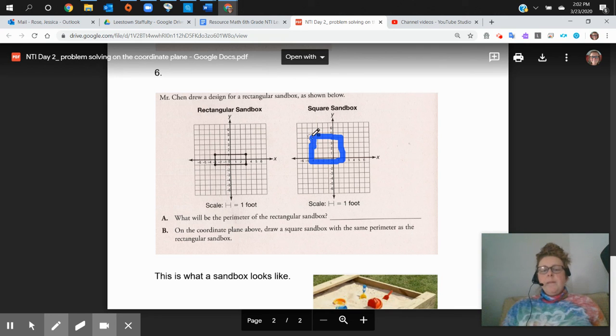A square, all the sides are going to have to be the same. So if this is 5, this is 5, this is 5, this is 5, and you would have to have the same perimeter as over here. So just keep that in mind as you work through it. B is kind of like a brain twister, so just do your best, see what you can come up with, and that will be fine.